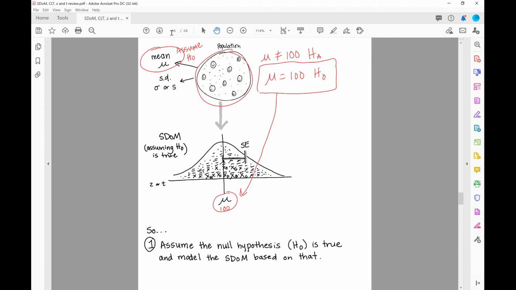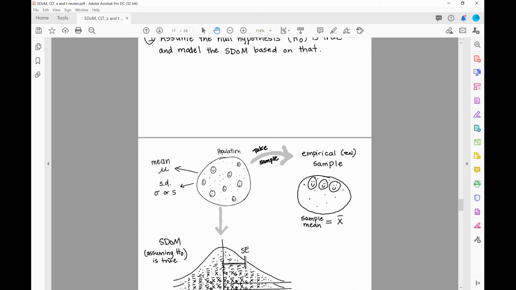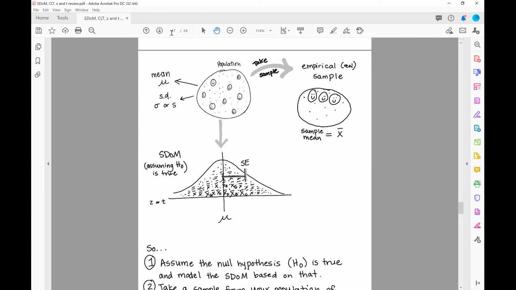Now, once we have built this model, it gives us something to compare to. That's what this SDoM ultimately is for, right?